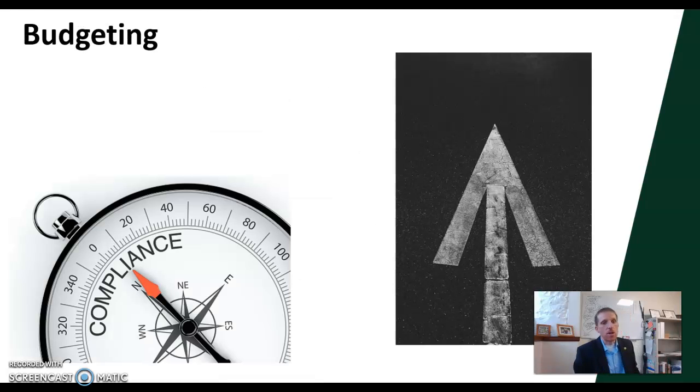So budgeting. In a traditional business, we're talking mostly about the planning. What direction are we going to head? But for our government entities, there's also this compliance factor around making sure that we're following the rules and establishing our budgets and doing the due course of action that's required, because we are a governmental body.